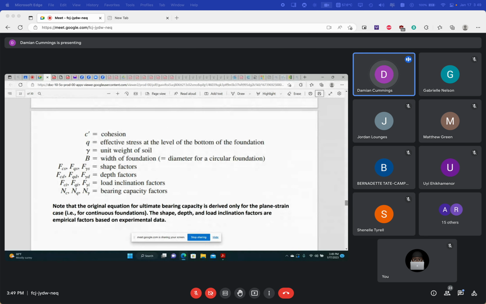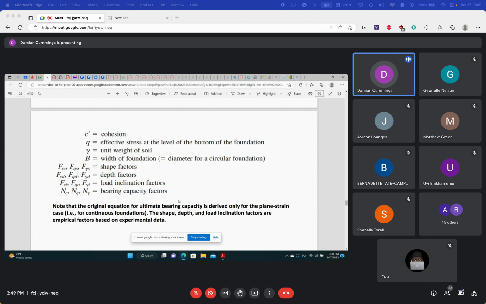All right, so we have cohesion again. We have effective stress, which we already know from q. We have soil unit weight, which we already know. We have the breadth of the foundation. And then these are the shape factors, these are the depth factors, and these are the load inclination factors, right? And again, we have our bearing capacity factors.